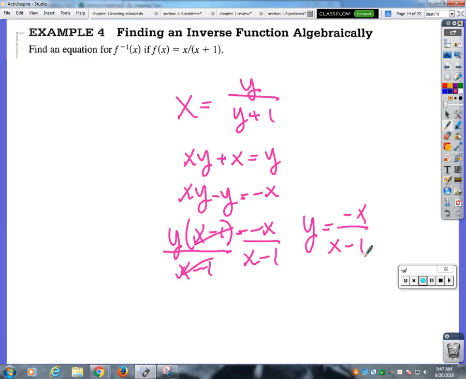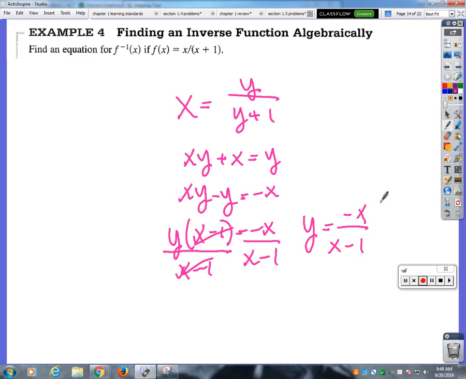Okay? Just one little note for you guys that like to check your answers in the back. I could have also subtracted the xy from over here first and then done the same process. If I had done that, the x would have remained positive. And then when I factored it out, I would have gotten a 1 minus x instead of an x minus 1.